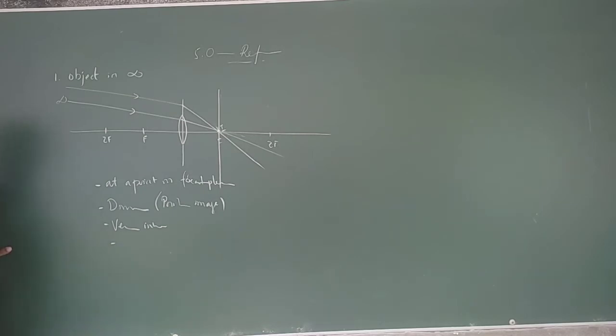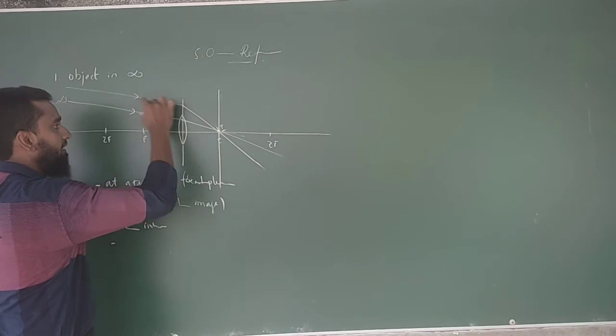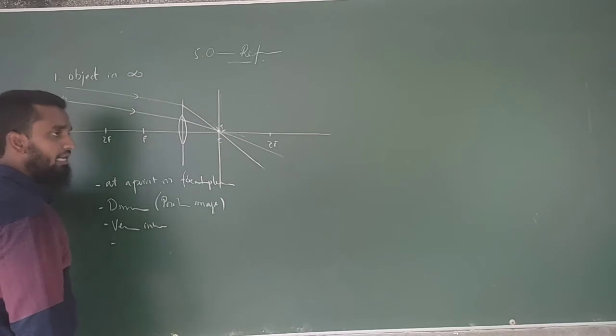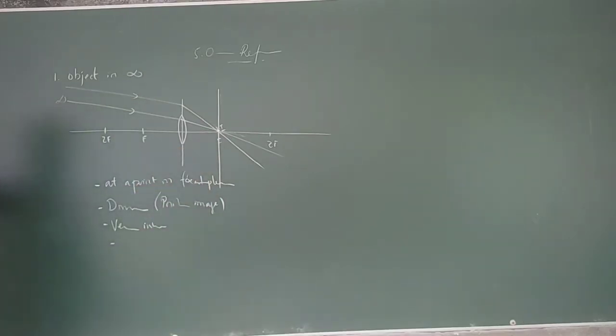Fourth, type of image: the image has been obtained directly by the real rays, therefore it's going to be a real image. This can be taken on a screen. This is the ray diagram and the characteristics of the image, also given here.